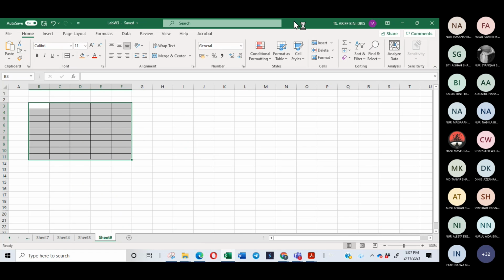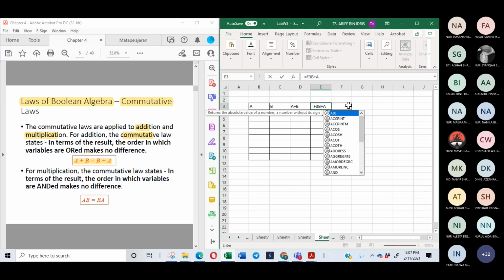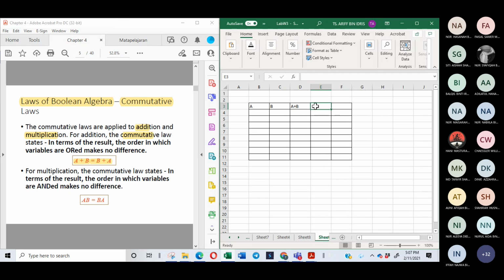Okay, so we have here A, B, and then A plus B. Then is it equivalent to B plus A? Oops, sorry. B plus A.